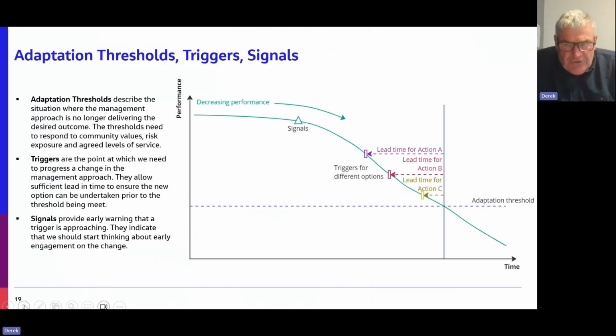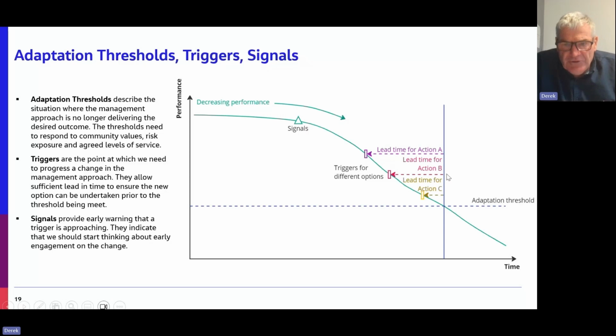So the adaptation threshold, if we read this from right to left, is when our level of hazard gets to a level that is unacceptable. And as we said, that's when the current protection, or current way of managing, is no longer meeting the community needs, the community values, or an agreed level of service.